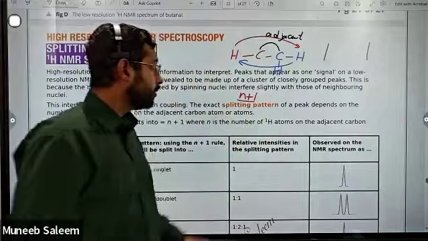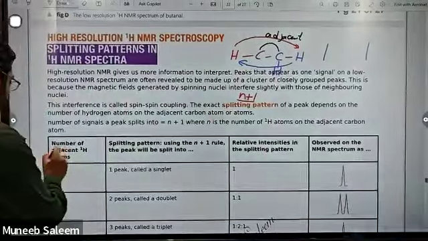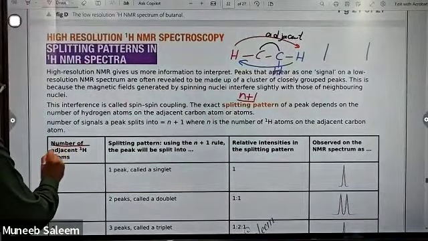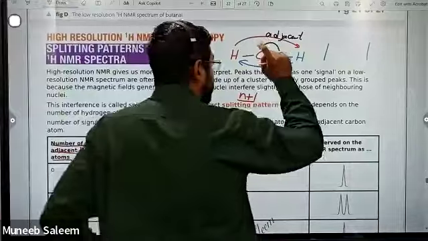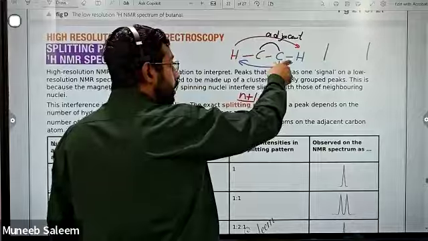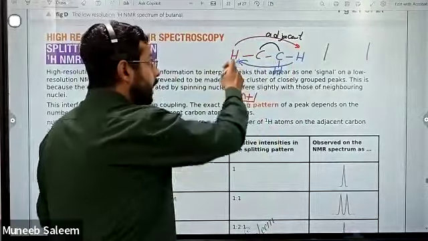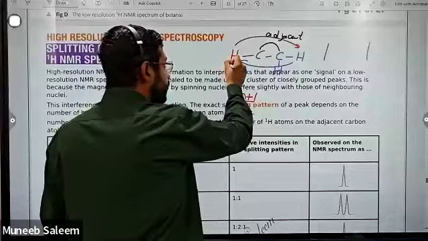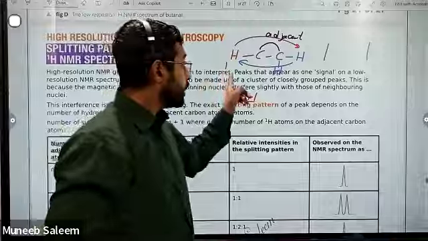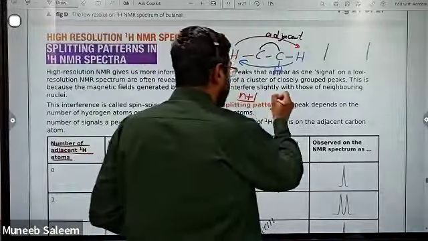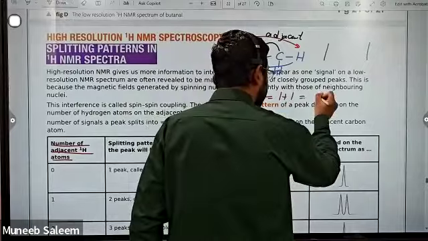N plus 1 means n indicates the number of hydrogen atoms. N is the number of adjacent hydrogen atoms. For creating splitting on the blue one, n is the number of hydrogen atoms on the adjacent carbon. Here it is only one. There's just one carbon atom. So putting the value here, you will have 1 plus 1 giving 2.